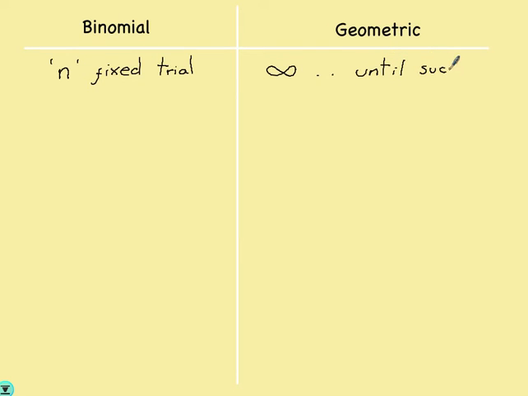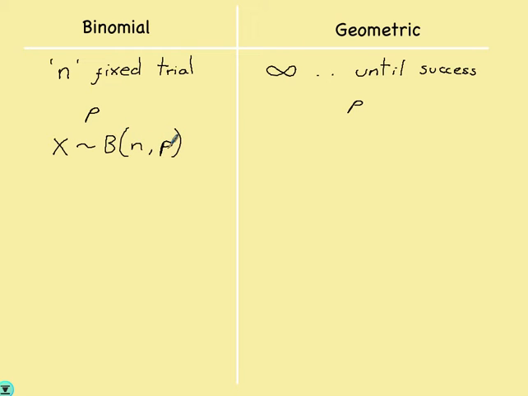So until something happens. Now, each one has a probability of a success, P, we'll call it. So the probability of success is P. Now, this means the binomial is a distribution with B and then your n and then your p.